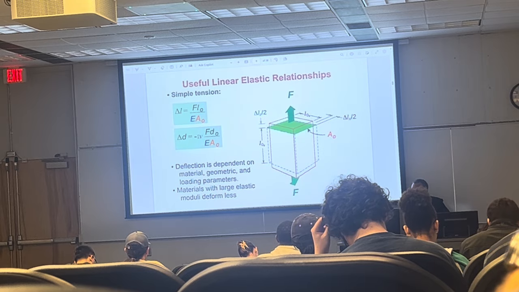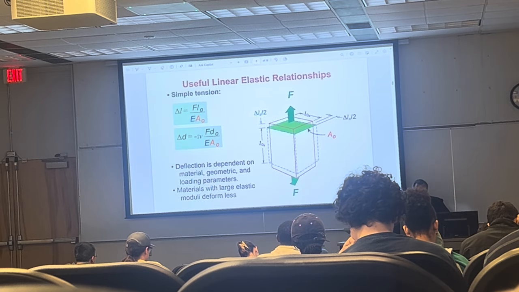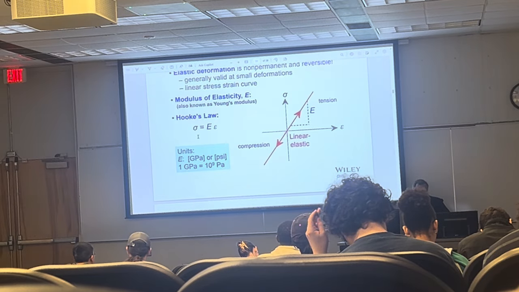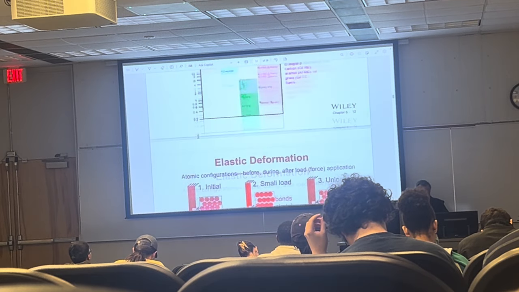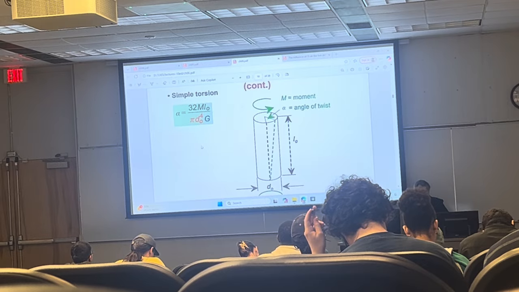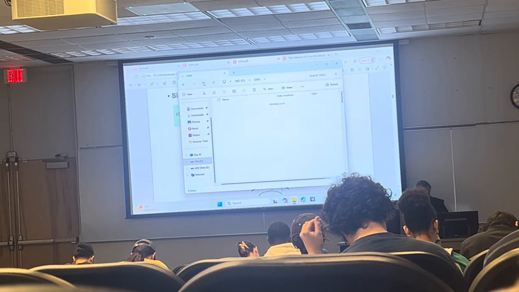Nu is the Poisson's ratio. Poisson's ratio is something that I need to tell you about because of the values.